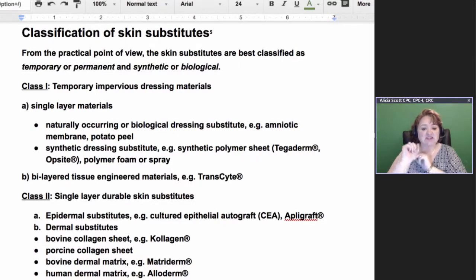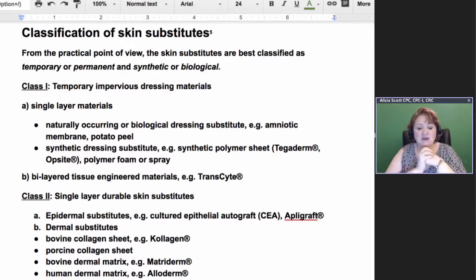Then a class 2 is a single layer of durable skin substitute. Again, they have a lot of companies that go with this, and where I got the resources from, they were great about listing these. You need to know as a coder, if you're working in wound care, these brands, okay?